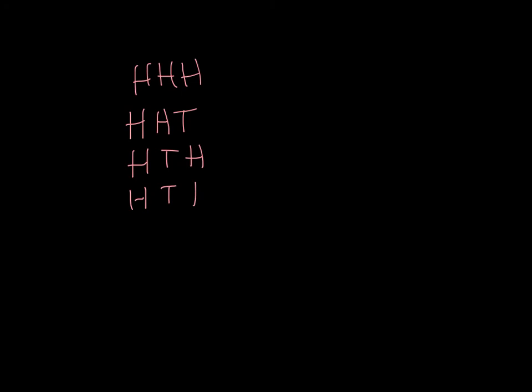So we had head, head, head, head, head, tail, head, tail, head, head, tail, tail, and then we had tail, head, head, tail, head, tail, tail, tail, head, tail, tail, tail.